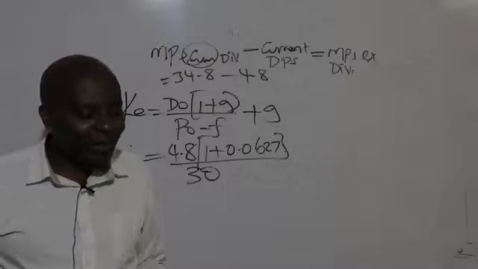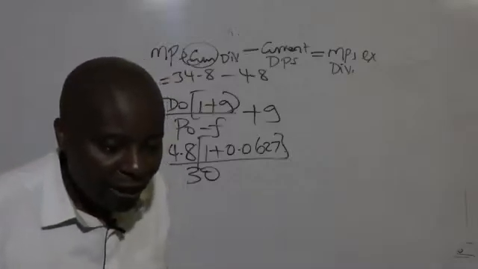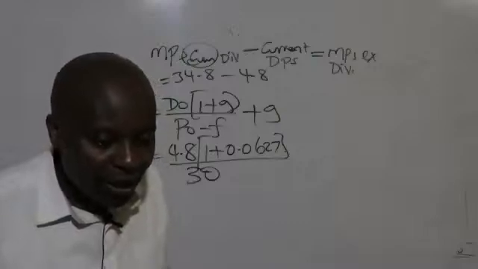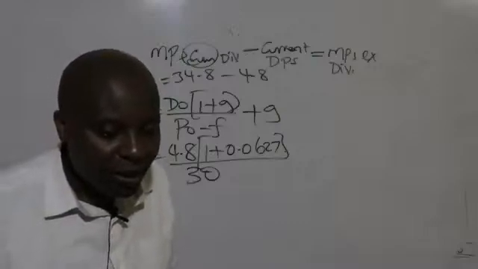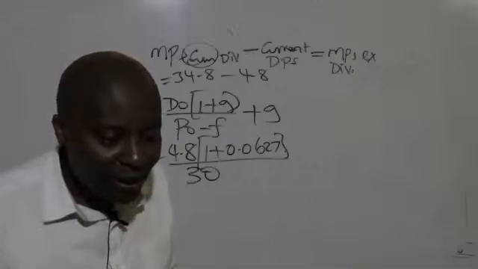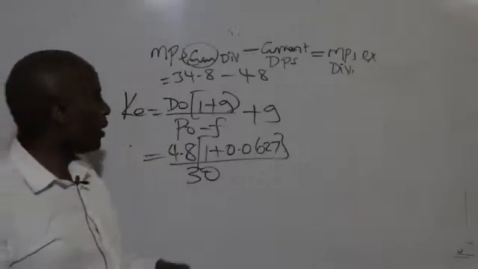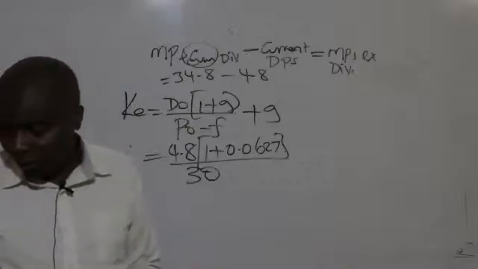We check D0. So why use current, which is 4.8, year 2018? Ask the lecturer to check D0 again. So this D0 is supposed to be what?